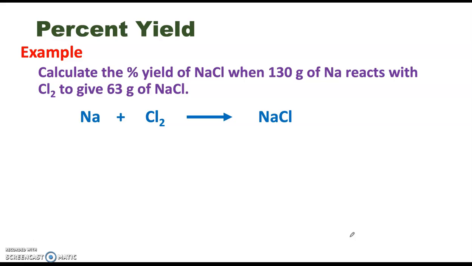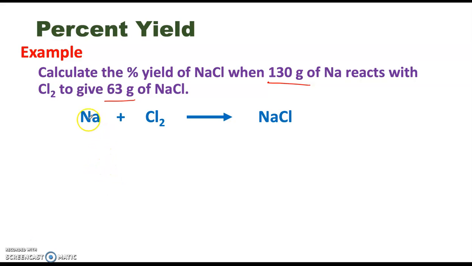So it says calculate the percent yield of sodium chloride when 130 grams of sodium reacts with chlorine to give 63 grams of sodium chloride. One of the trickiest parts of these problems is understanding which number do I start with, 130 grams or 63 grams.